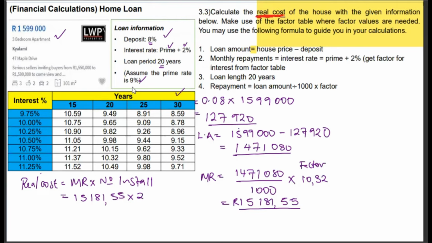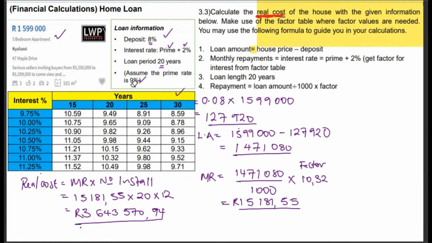Remember, it's 20 years, but each year has 12 installments because it's monthly repayment. So we shall multiply this number by 240. So he will end up paying 3,643,575 rands and 94 cents. So this is the real cost.